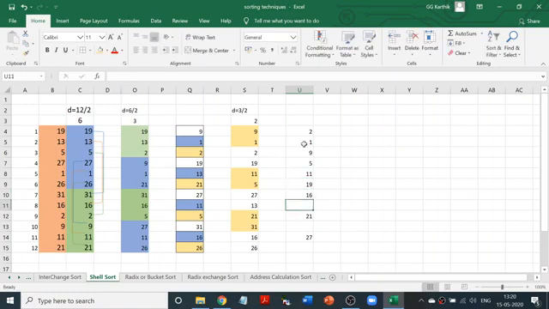Then I have 19 and 13, so I'm going to have 13 here and bring down the 19. Now I have 31 and 19, obviously 31 goes here. Then comes 26, but 26 is smaller, so 26, 31. So this iteration is over, right?